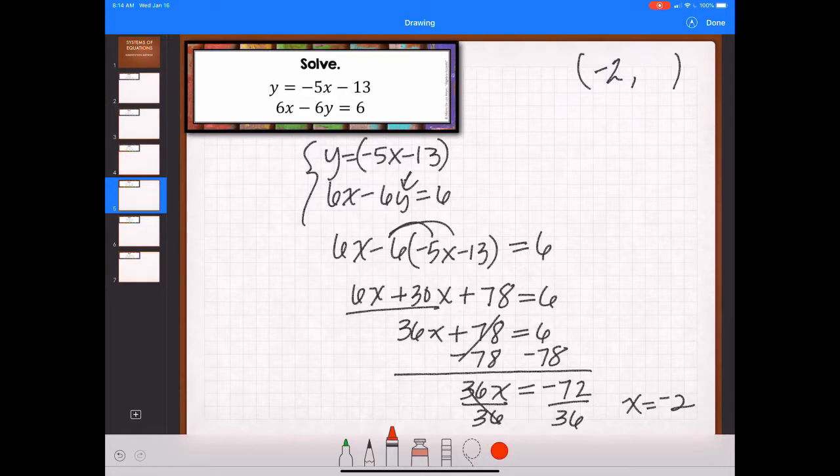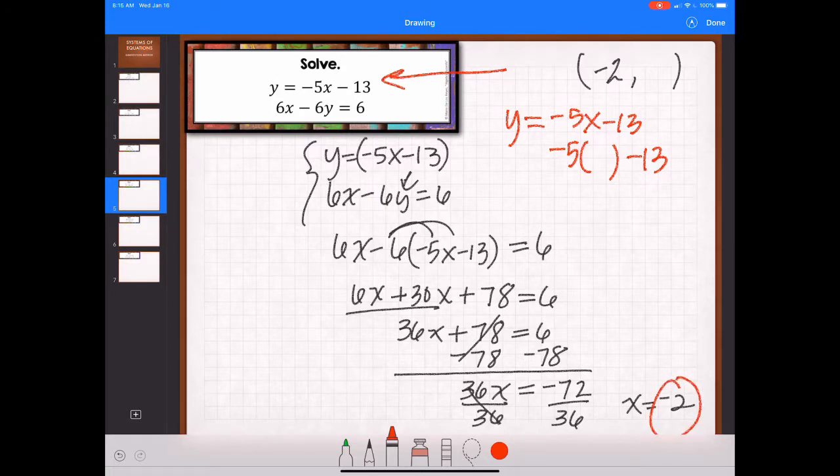Now when you go back into the system, so if you look right here, it doesn't just tell me what y is. It gives me the equation y equals negative 5x minus 13. So I'm going to now substitute in that x value since I just figured out what it is. We found out that it was negative 2, so you put it here. And go ahead and solve that out.